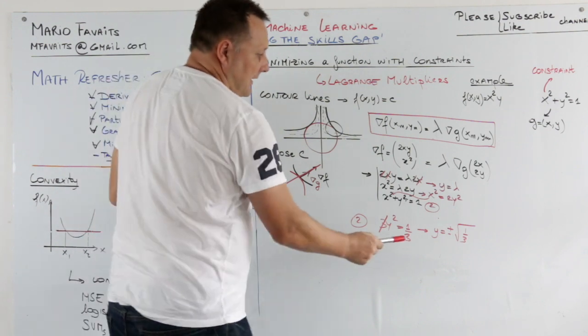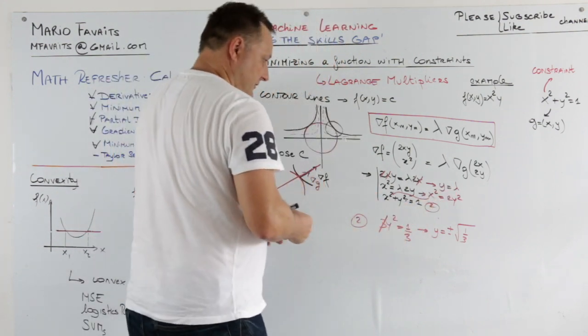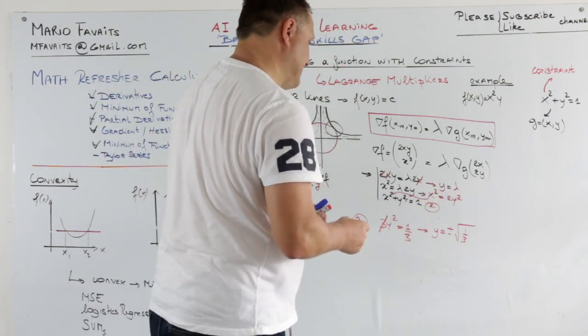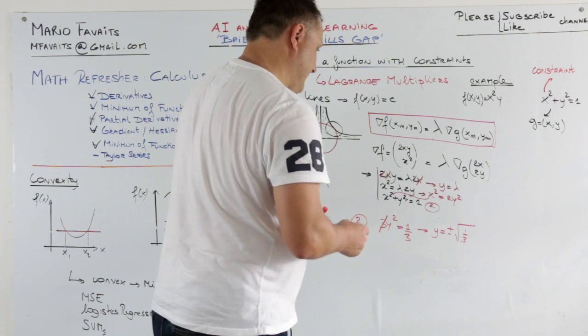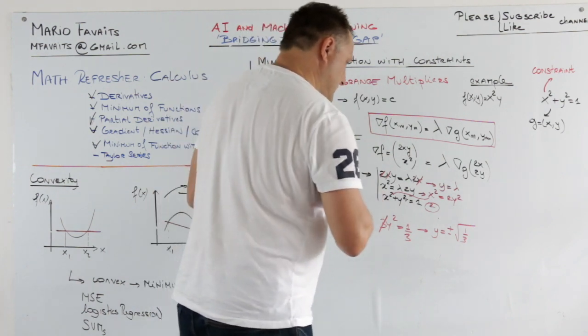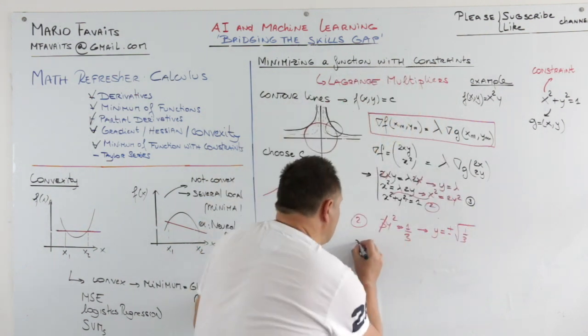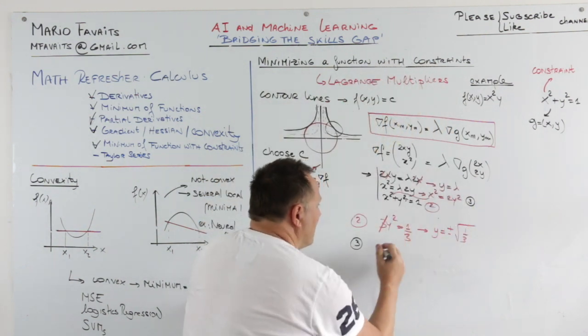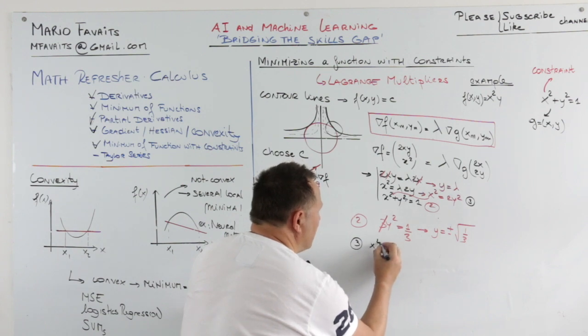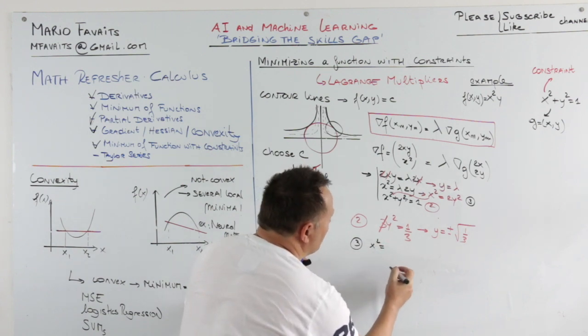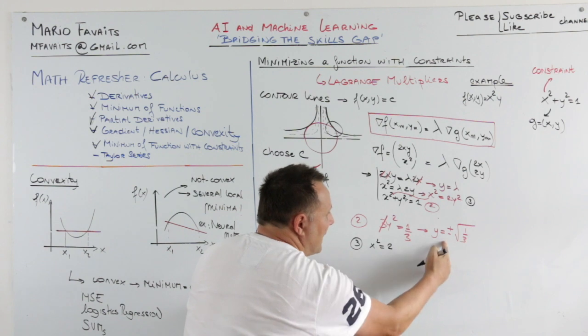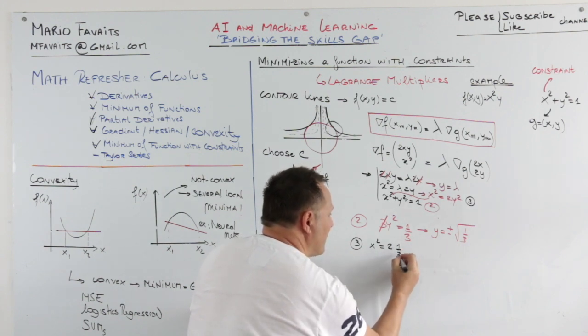So now we have y, and y equals lambda. So now we need to find x. We can use the middle equation here. So let's call this number 3. So x squared equals 2, and y squared is 1/3.